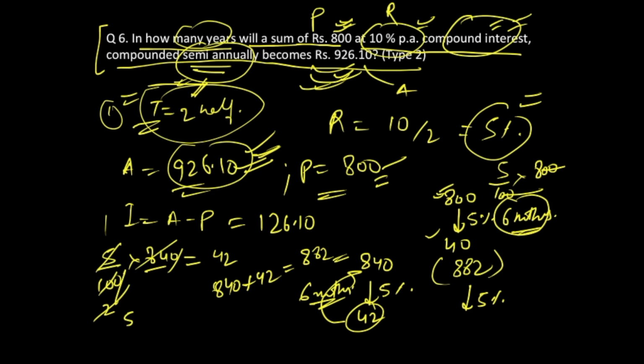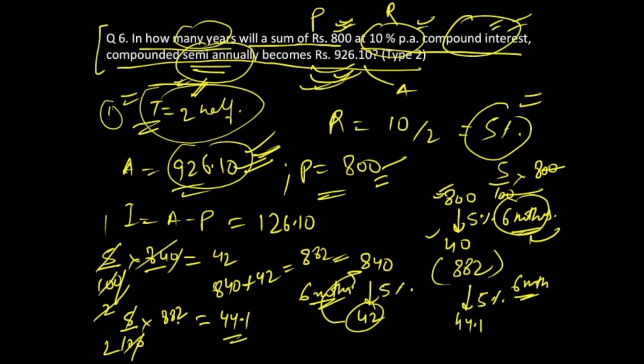How much are you going to get? The interest is going to be 5 by 100 into 882, right? If you solve this, the 0 puts a point over here, 5 times 2, and you are going to get 44.1. Now if you add 44.1, that is the interest generated after the third 6 months, right?